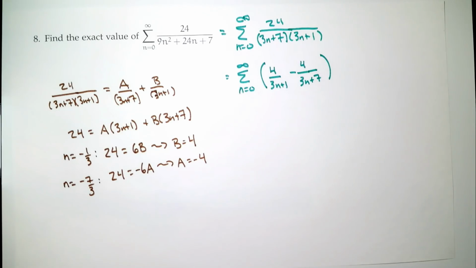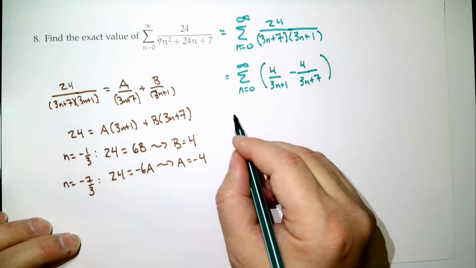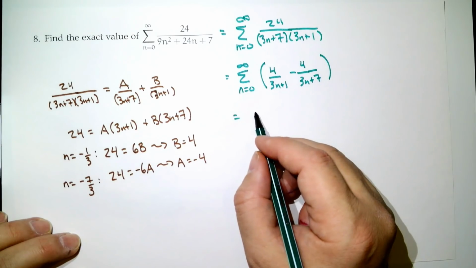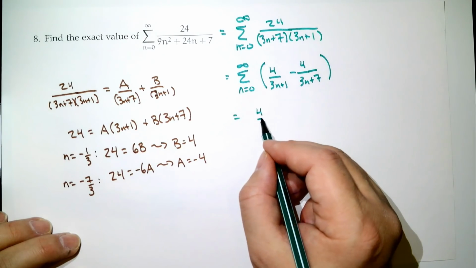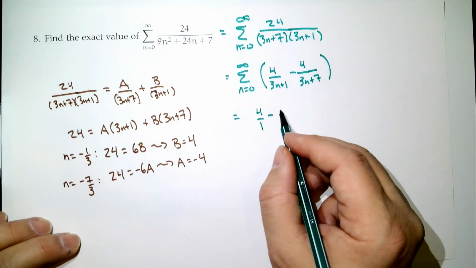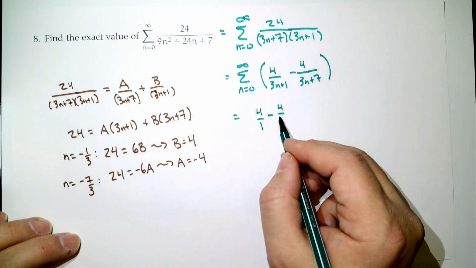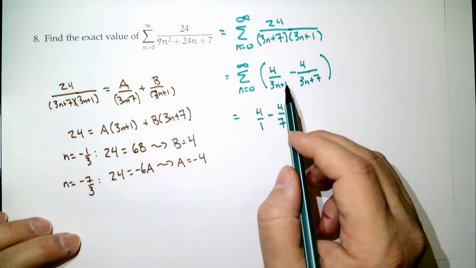Now, if you're not sure what's happening, I strongly encourage you, when in doubt, look at some partial sums. Look at what the partial sums are doing, and find a pattern. So here, if we carry out the partial sums, well, what do we have? We have 4 over 1 minus 4 over 7, because I'm putting in n equals 0.